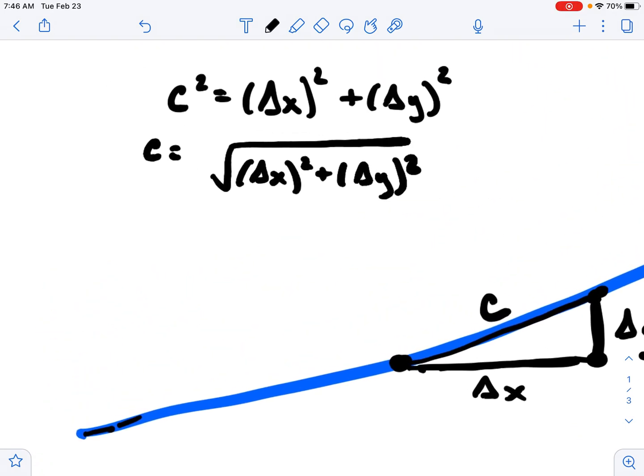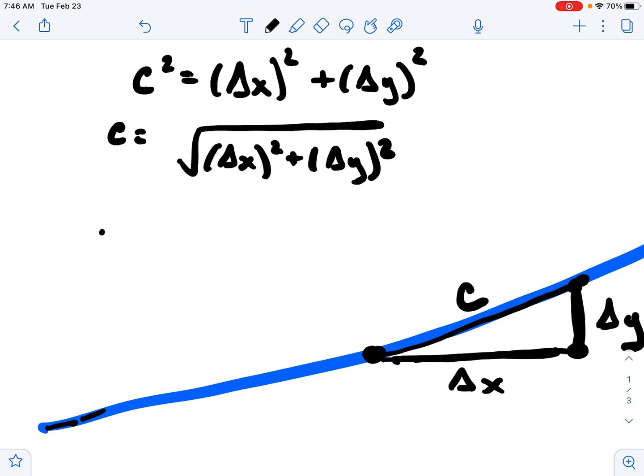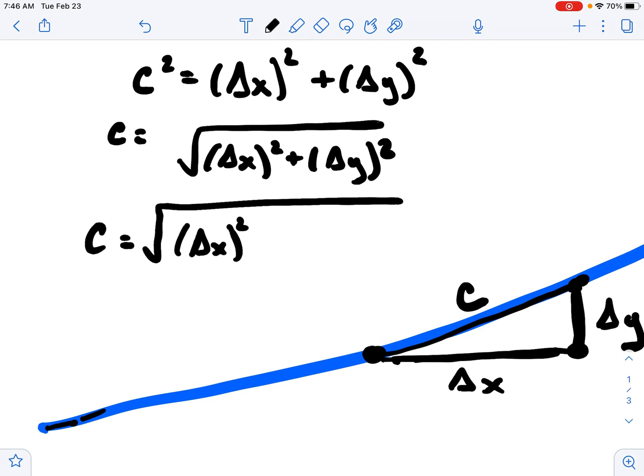Now, I'm going to do a little bit of algebra on this. To help clean this up, I'm going to factor out the delta x squared from underneath the radical. It's going to look like this, and it's still under there. What would I need to distribute it into to get back to this?